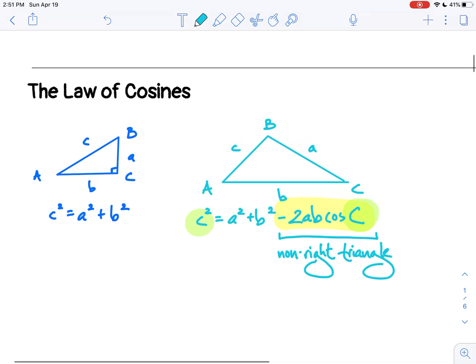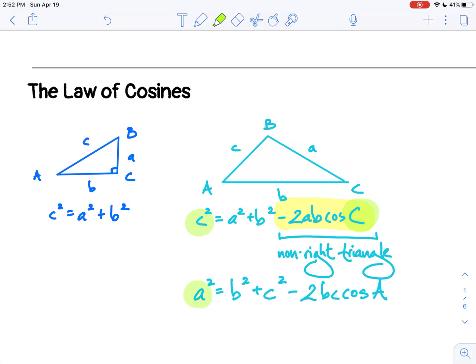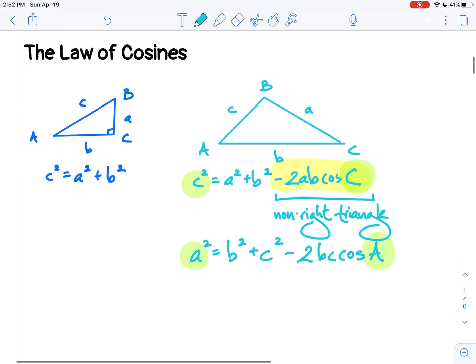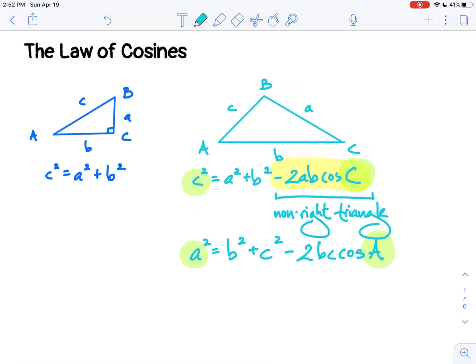So I could also say that A squared equals B squared plus C squared. So we take the other two sides, and then we subtract 2BC cosine of angle A. Again, whatever side is by itself and the angle, those two form a sandwich for the rest of the formula.